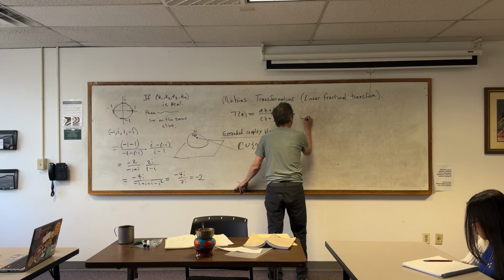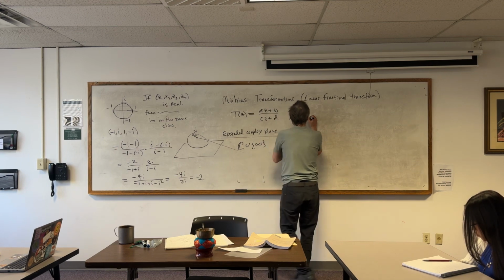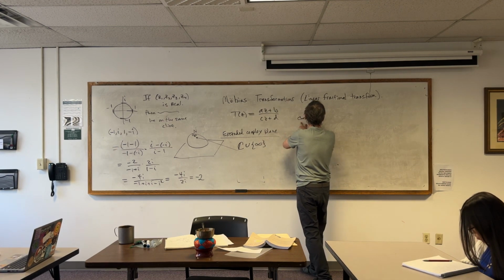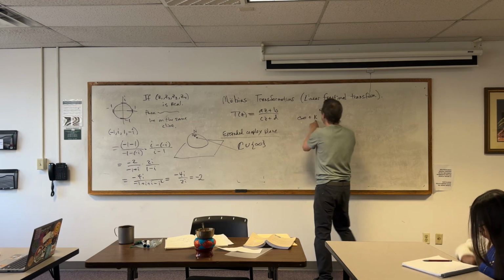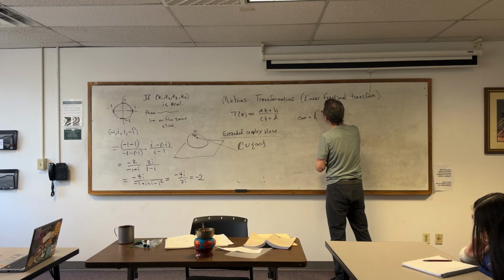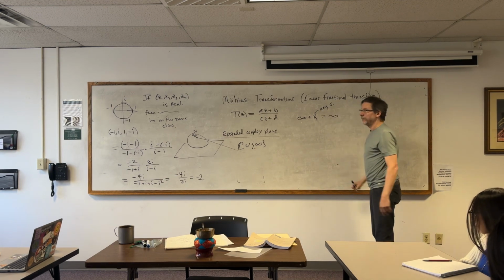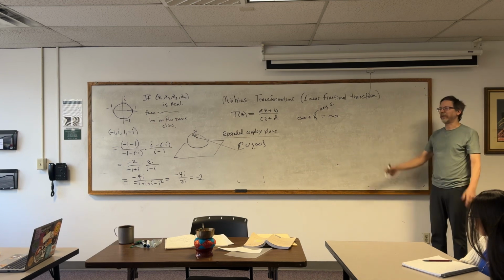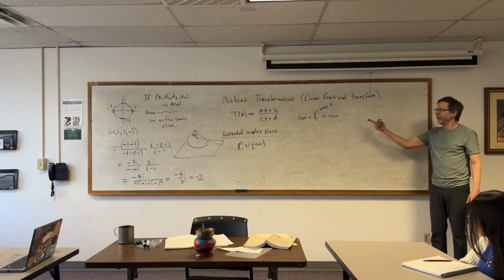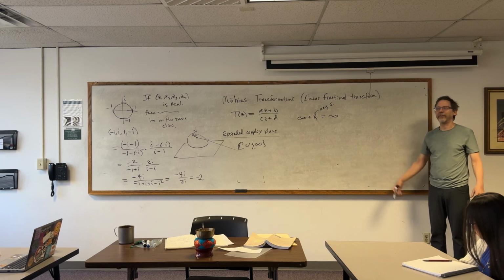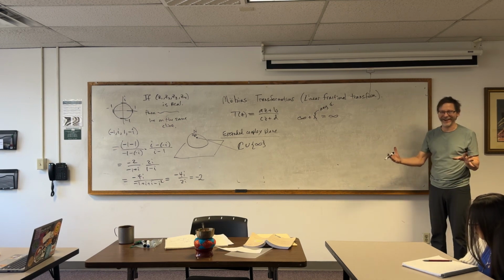This infinity has some properties. We will say that infinity plus any number x, where x is any complex number, even infinity, is infinity. Now don't try to solve that, because if you try to solve that, you say, oh, x must be 0. That's not what we're saying here.